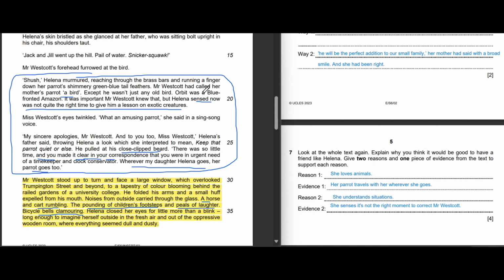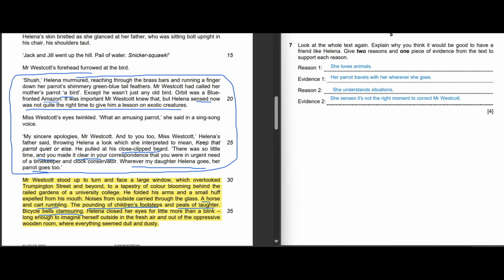Actually, Orbit was a blue-fronted Amazon, which is a very unique parrot. Alright, so she understands the situation by keeping quiet and understanding that's not the right moment. So that's our answer. If you have any other possible answer, please write it down in the comment section.